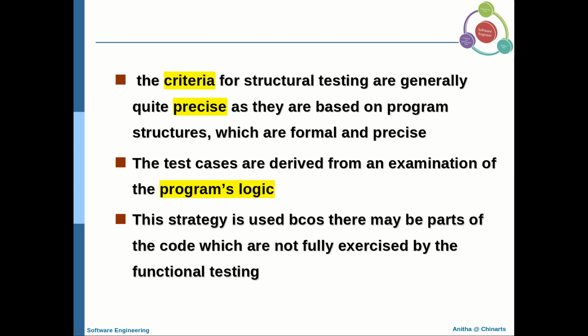One set of input conditions may generate one path, and another set may generate another execution path. So in black box testing you may omit a part of the code which may not be tested. To overcome that difficulty also, we can go for white box testing.